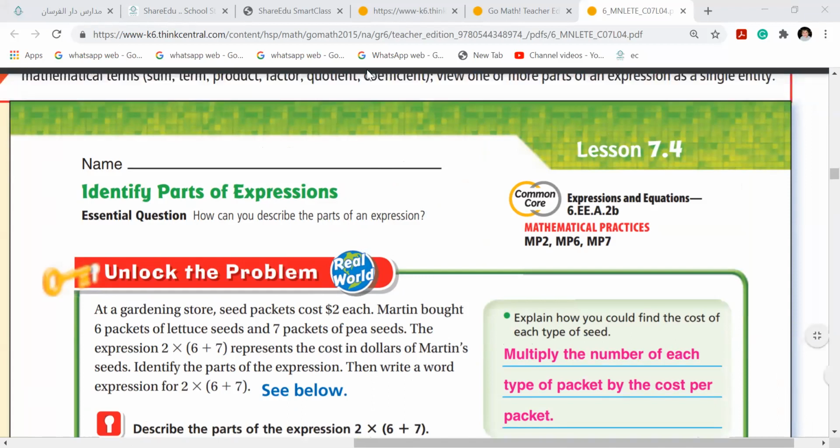If I share a whiteboard and write an expression here, tell me any expression. Vatin, tell me any expression. Any plus or minus anything. 11 plus 6.